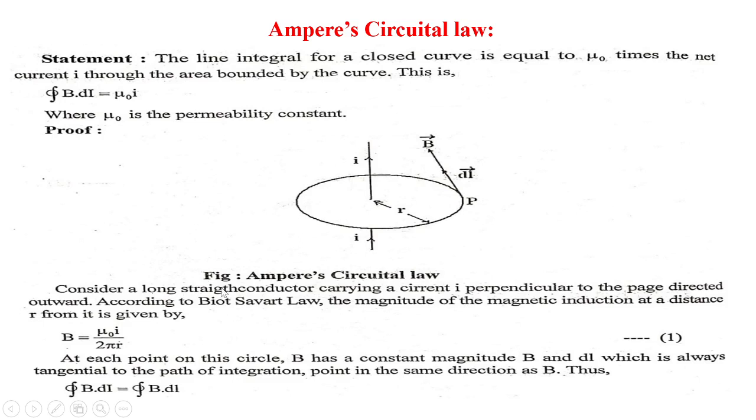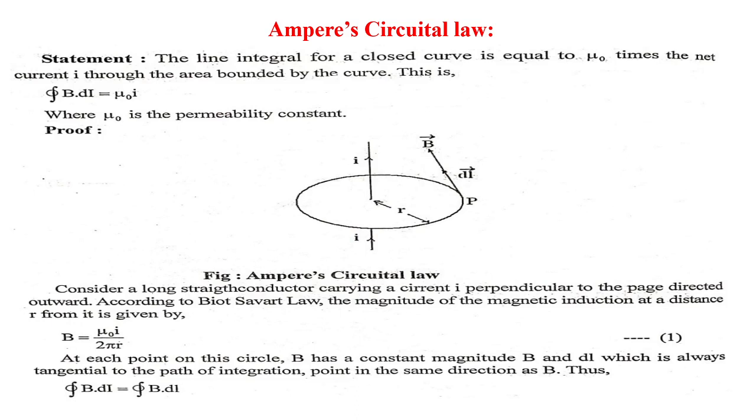Consider a long straight conductor carrying current I perpendicular to the page, directed outward. According to the Biot-Savart law, the magnitude of the magnetic induction at a distance r from it, as seen in the figure, is given by B equals mu 0 I upon 2 pi r.